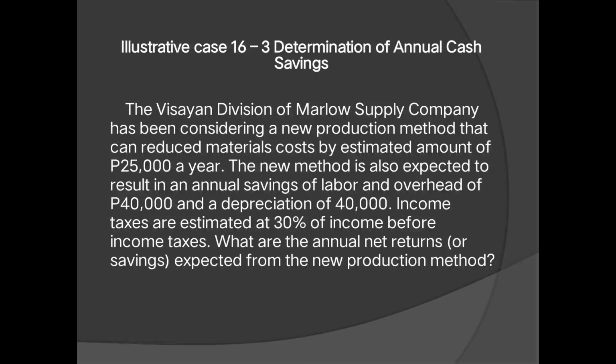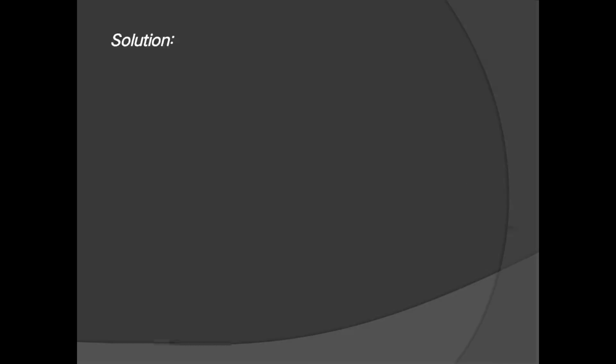The new method is also expected to result in an annual savings of labor and overhead of 40,000 and a depreciation of 40,000. Income taxes are estimated at 30% of income before income taxes. So, paano natin makukuha yung annual net returns or yung savings expected from the new production method? So, ito yung solution dun.